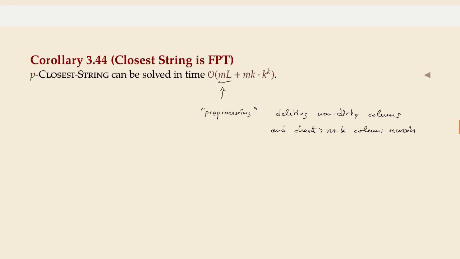But this is not a constructive preprocessing step for the problem. I didn't find a nice kernel for this problem, even though it has a nice FPT algorithm. It seems hard to find a natural kernelization. Okay, but still it's a preprocessing that we do up front, and afterwards L is at most m times k. So this was the size of the search space, which is essentially the number of recursive calls.